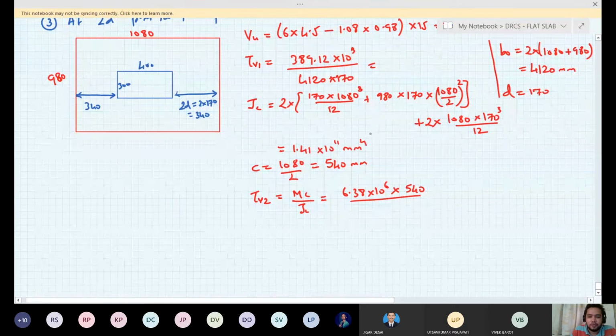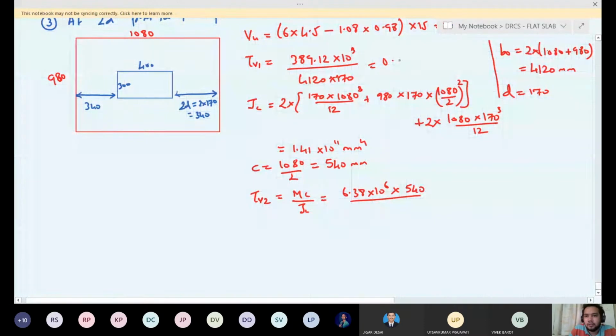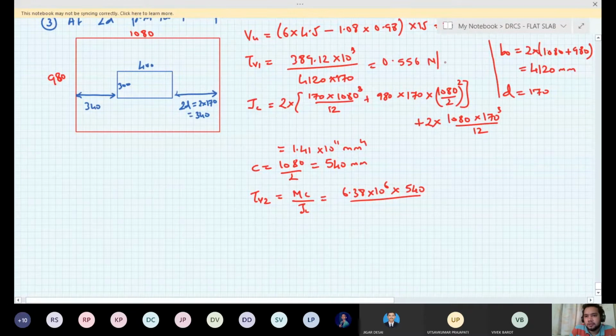Just verify this value. Are you getting this value? And tau v1 will be 0.556 Newton per mm square. So Jc is 1.41 into 10 to the power 11, and tau v2 will be 0.024 Newton per mm square.